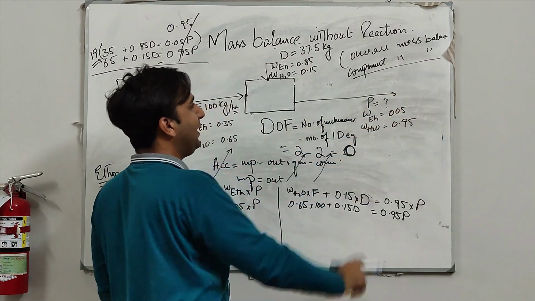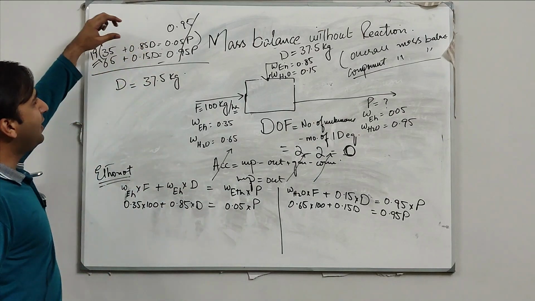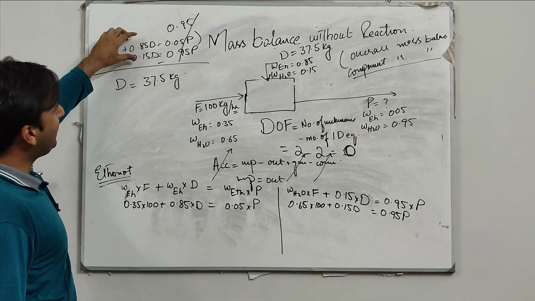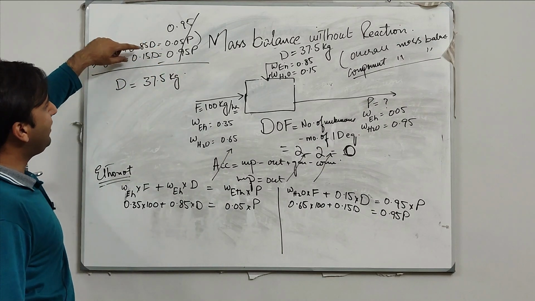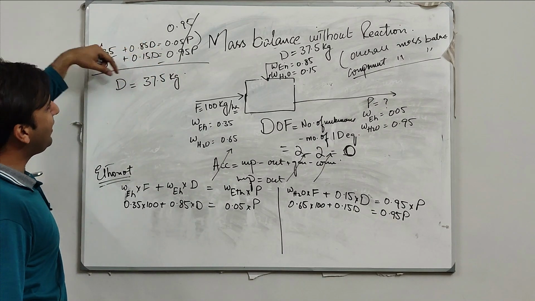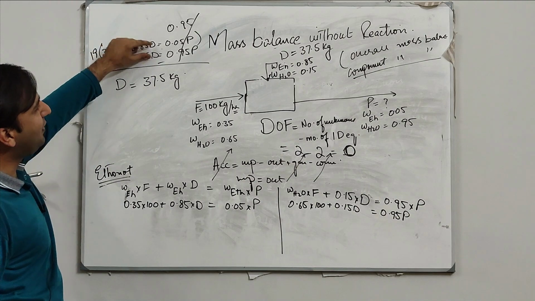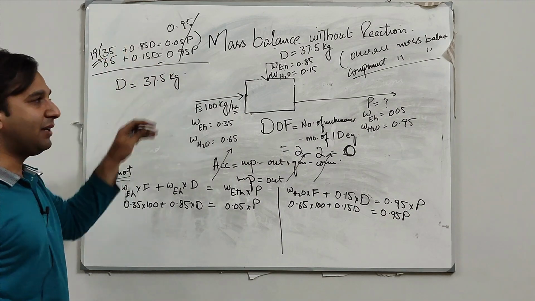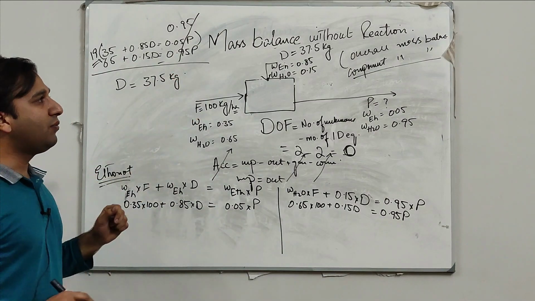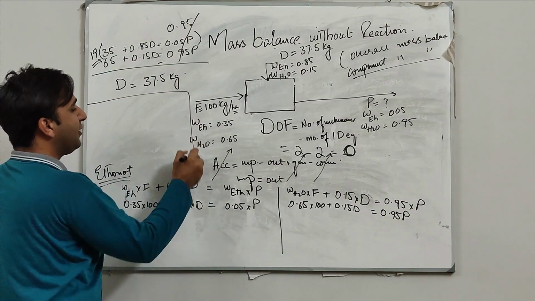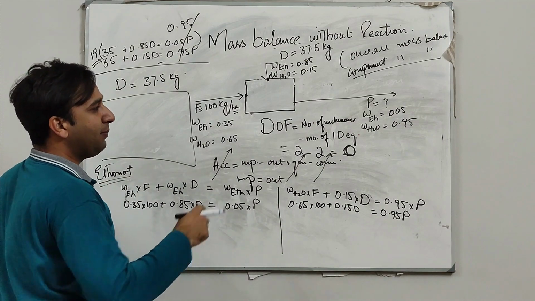For finding P, you can again repeat the same process by multiplying by an integer to make the value of D the same, and then cancel them and solve the linear equation. But here I can use the overall mass balance easily for finding the amount of P.